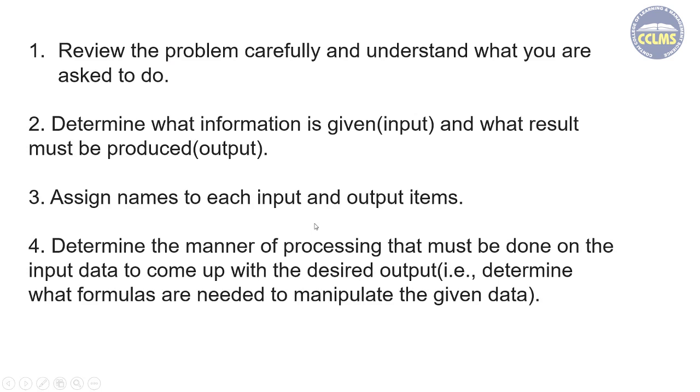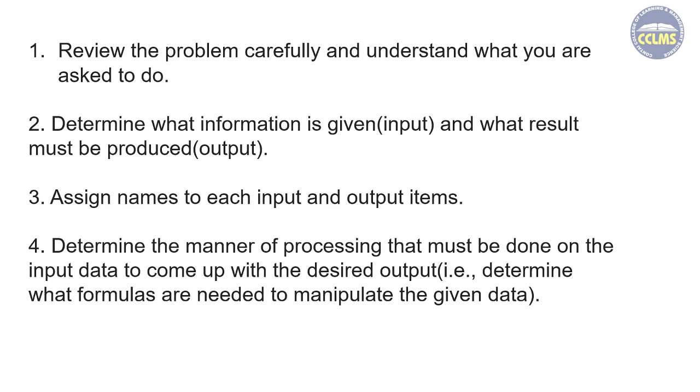Our second step is to determine what information is given, that is input, and what result must be produced, that is output. That means now we have to determine what the input and the output are. In the case of addition of two numbers, we have to input two numbers. So this is our input.